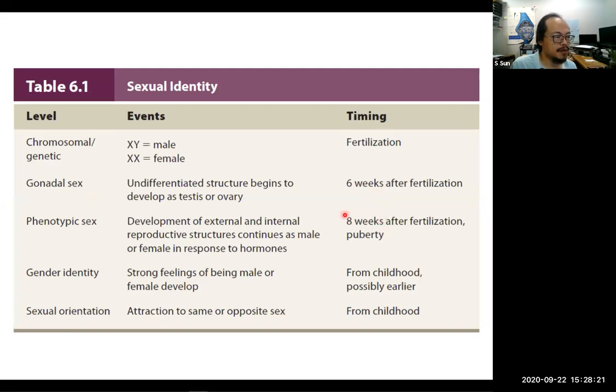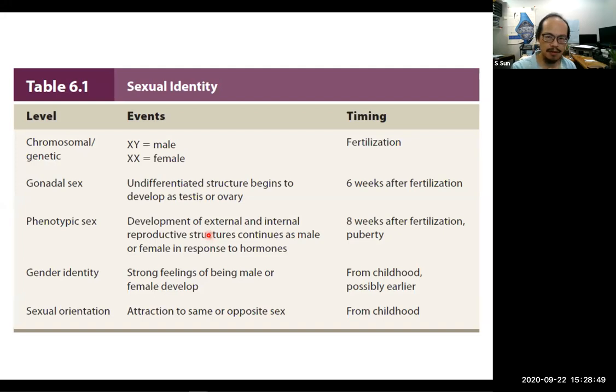Then by about 8 weeks is also the time that the embryo will become a fetus. These phenotypes, whether they develop the penis or not, basically SRY promotes the development of the penis or not, will appear. If there's no penis, through the ultrasound, we may see it as a female.